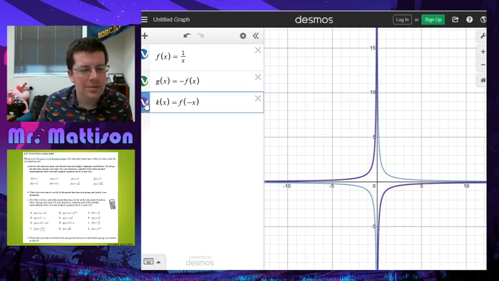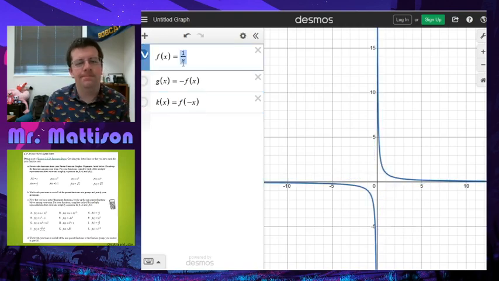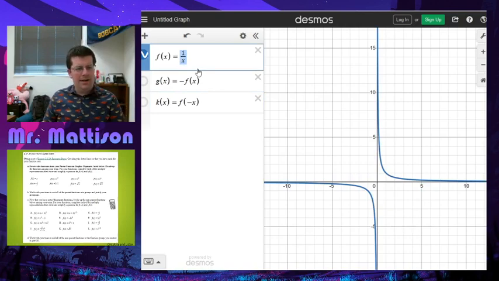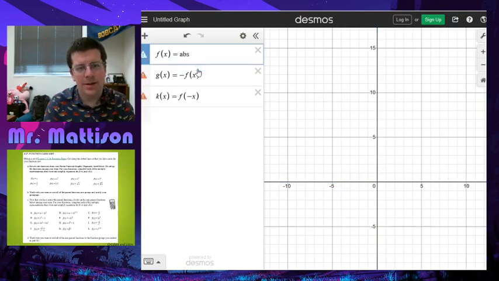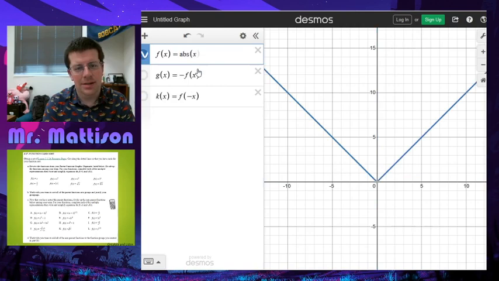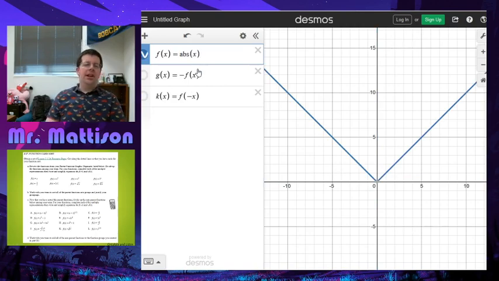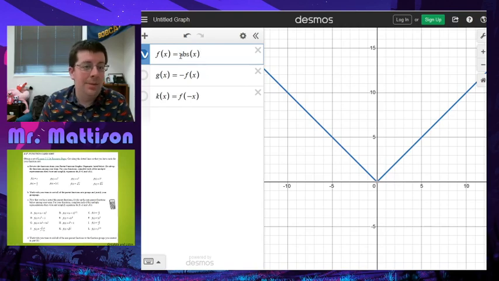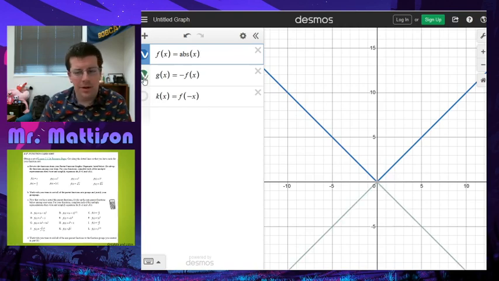Okay, next one we have is the absolute value. The shorthand for that on Desmos is just ABS, and then parenthesis x. It doesn't change the formatting on this, but it is the absolute value of x. So there's my base graph. If I put a negative in front of the whole thing, I get flipped over vertically, which makes sense.